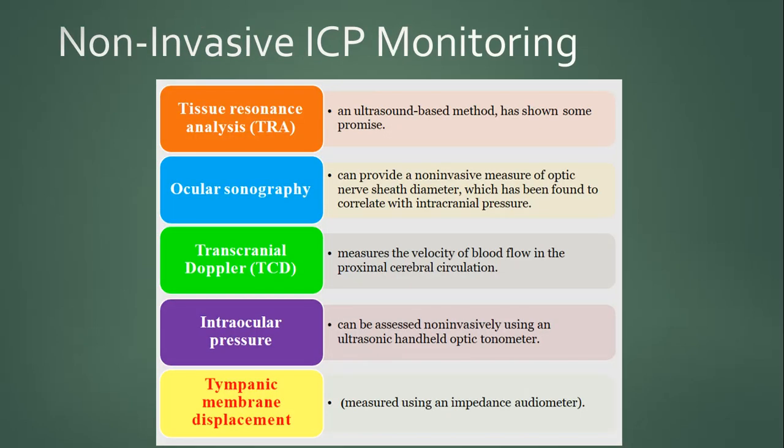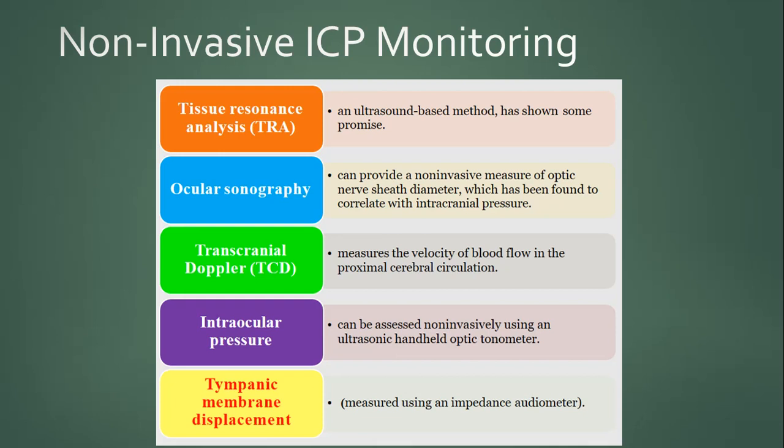So, non-invasive: tissue resonance analysis is an ultrasound-based method, and it can help us to monitor the intracranial pressure non-invasively. Then there is ocular sonography ultrasound that can measure the optic nerve sheath diameter. Then the transcranial ultrasound can measure the velocity of blood flow in the proximal cerebral circulation.